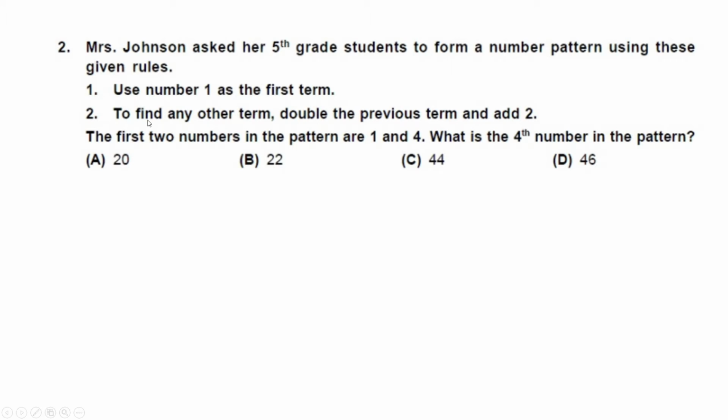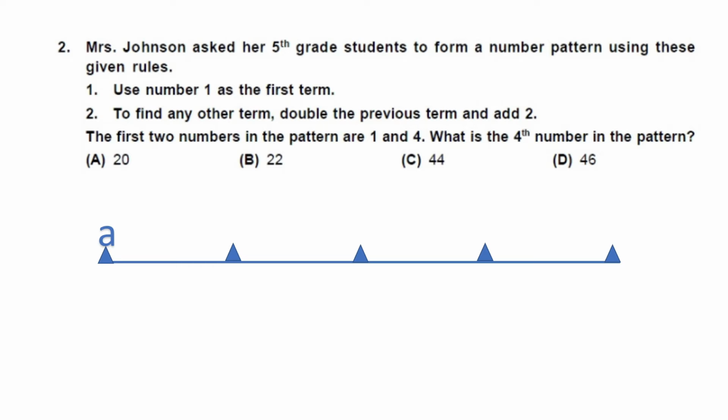Now let's read and form the equations as we read along. First of all, let's plot a number line, and here we need to find the pattern and get the numbers along the number line. Let's call the first term, that is the first number, as A and the second term as B. Now as per the second statement, it says to double the previous term and add 2.